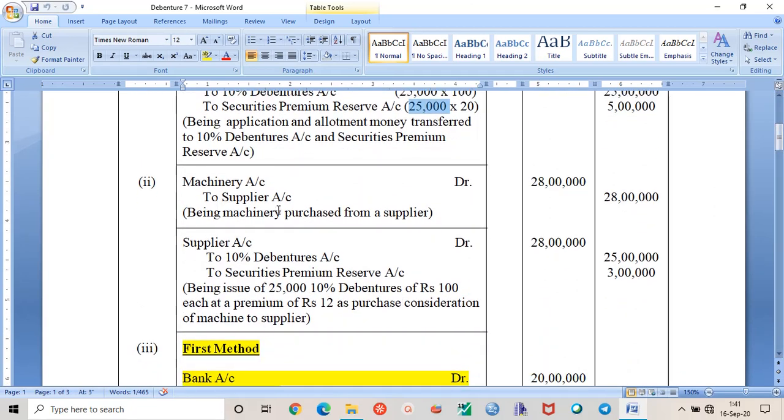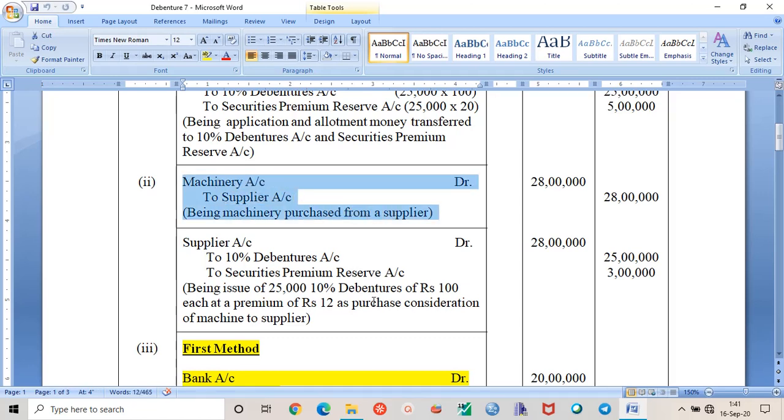Now the second case is company purchased machinery from a supplier. So this is your first entry when you purchase machinery from a supplier. Machinery account debit to supplier. Machinery real account, debit what comes in; supplier personal account, credit the giver. So supplier is a giver here. That's why we are having this particular entry.